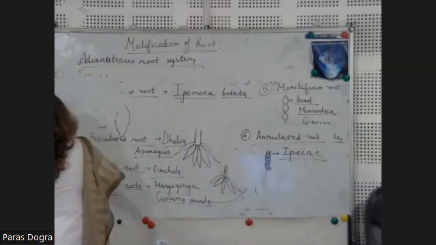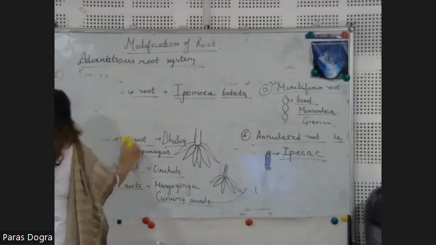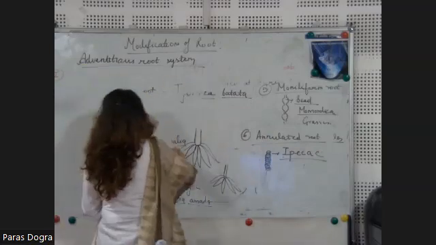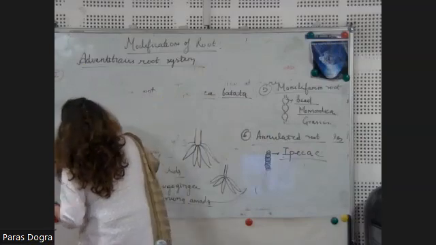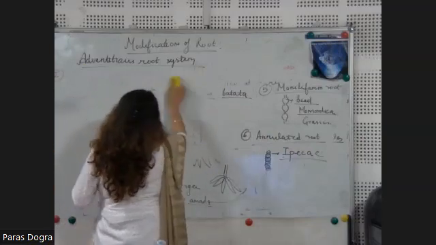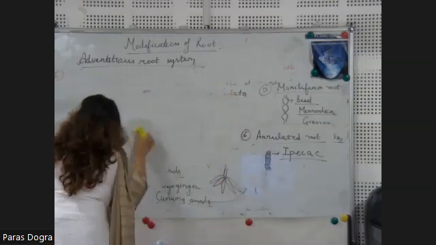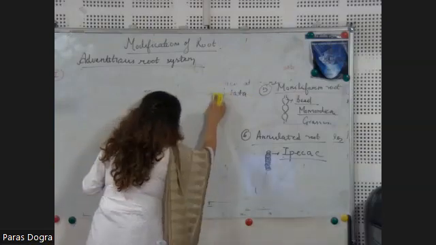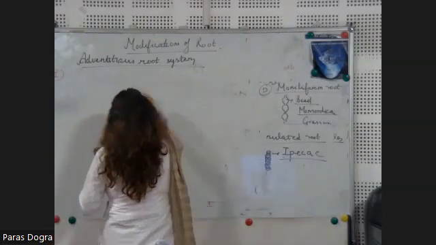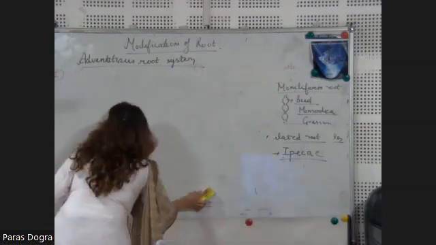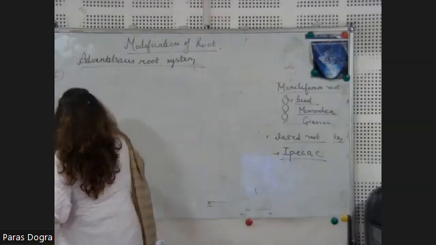Now besides storage, the root is also modified for the purpose of giving additional support. So the very first common example that we see is prop roots. You must have studied prop roots in your lower classes. Prop roots are the roots found in the banyan tree.